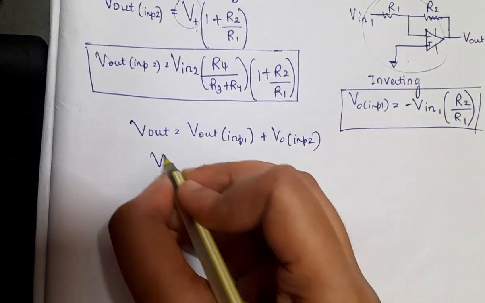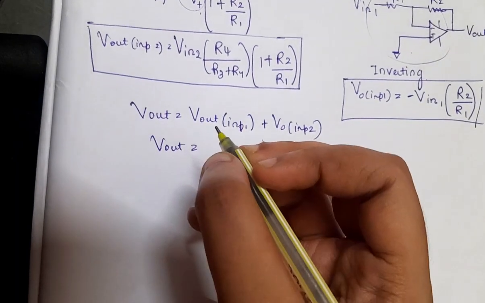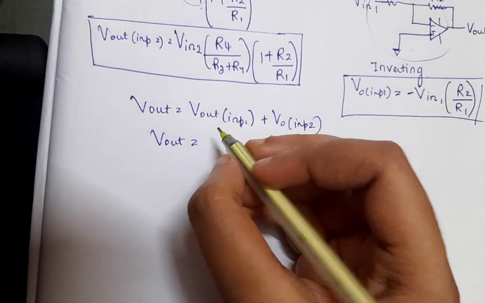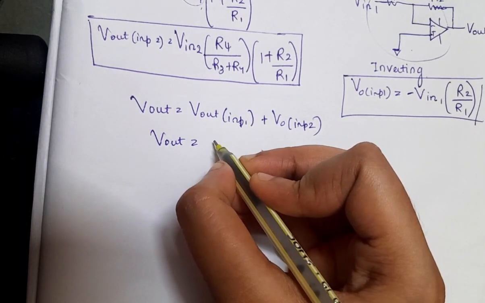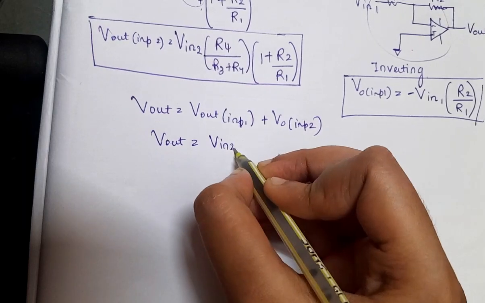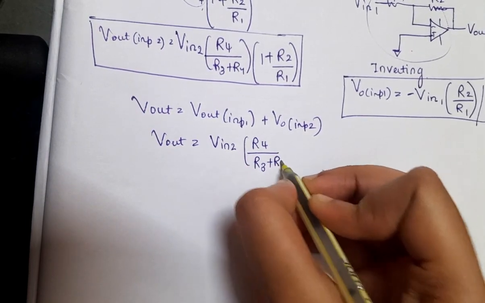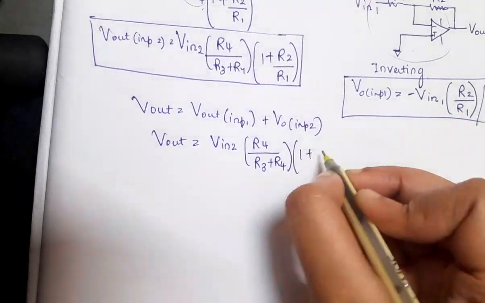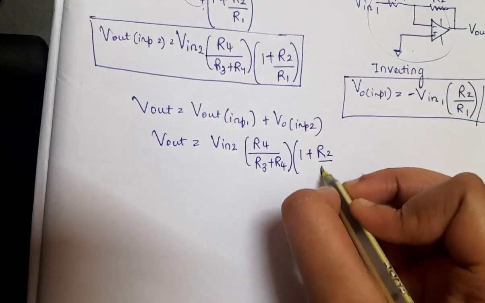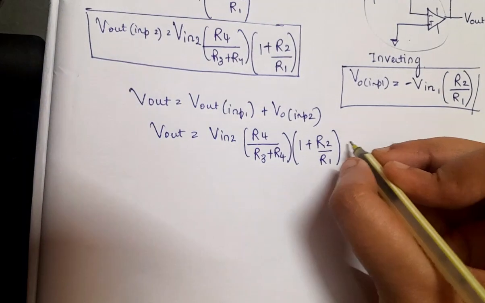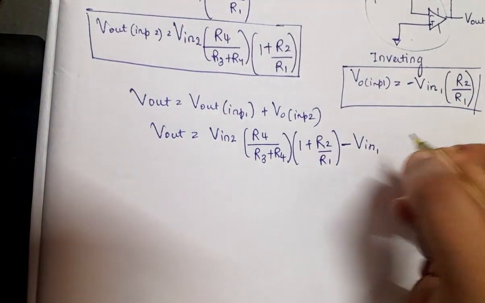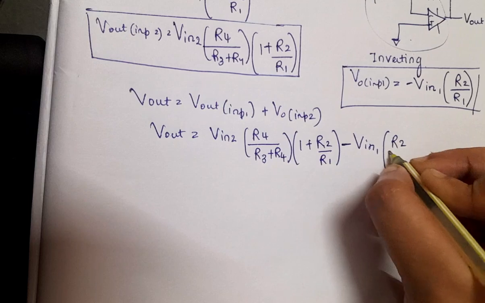Combining these two expressions, we get the Vout expression as Vin2 into R4 divided by R3 plus R4, into 1 plus R2 by R1, minus Vin1 into R2 by R1.